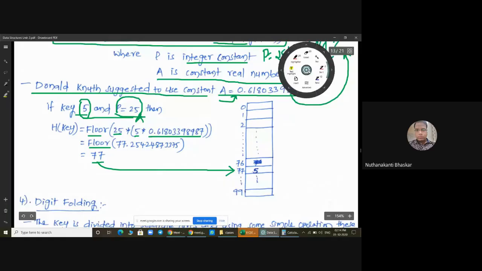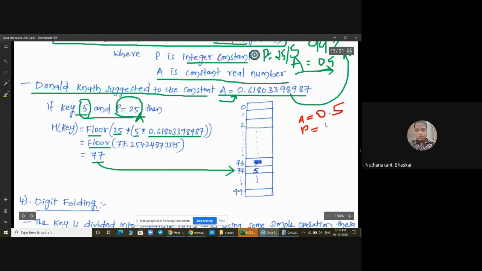Now, I don't want to use the Knuth constant. I want to use my own constant. Then we can use A value as 0.5, because it is a real constant, right? The P value is an integer constant; I will use 5. Now, what is the input value I want to insert? 5. Yes or no? Yes.